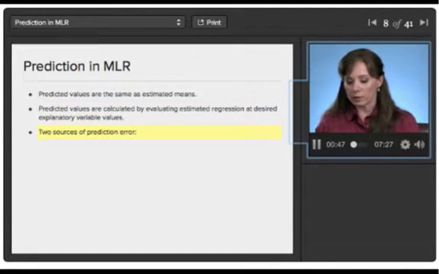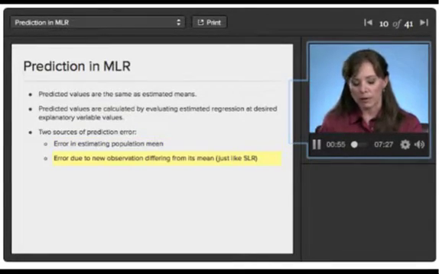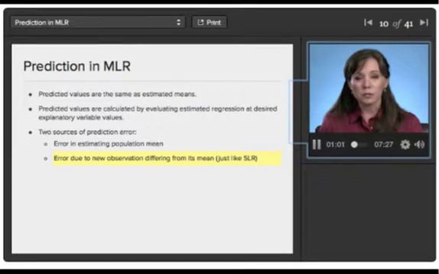Any error in prediction comes both from the error in estimating the population mean and the error inherent in the fact that the new observation differs from its mean. This is just like simple linear regression. Up to this point, other than the fact that we're plugging multiple values of the explanatory variables into the equation, nothing has changed from simple linear regression.